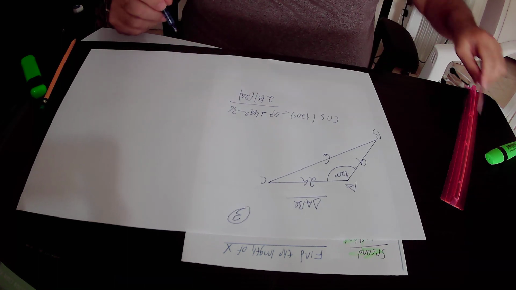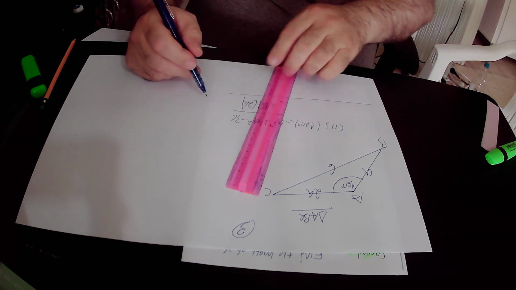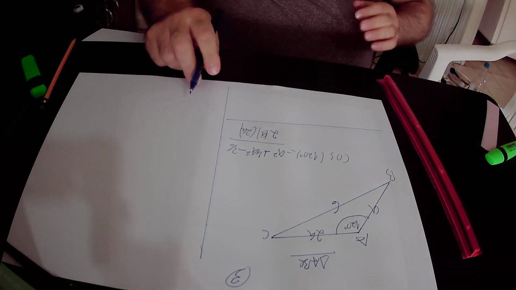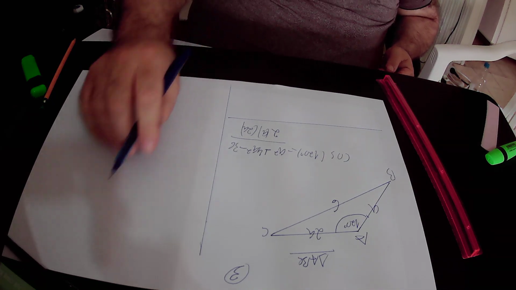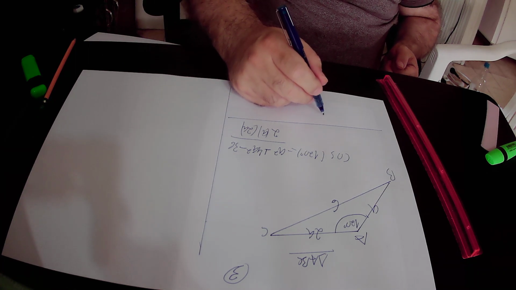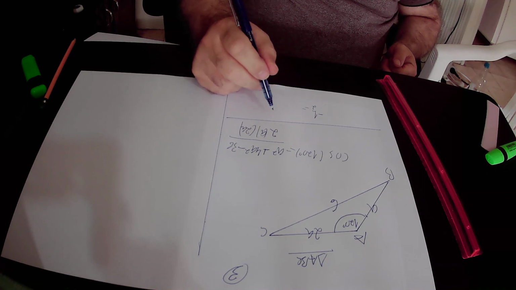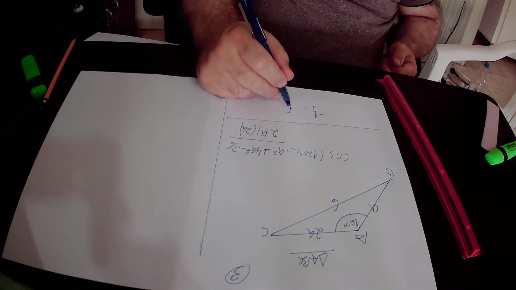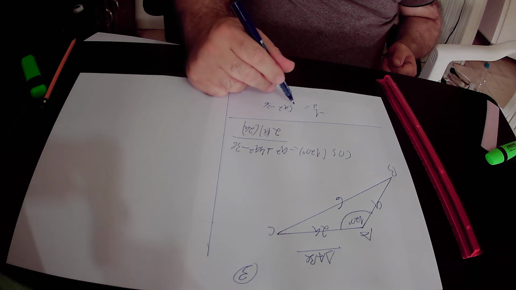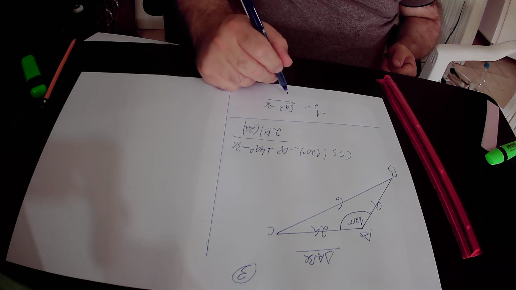So here, cosine 120 degrees equals minus 1/2, and this is equal to 4a squared plus a squared, which is 5a squared, minus 36, over 2a times 2a.